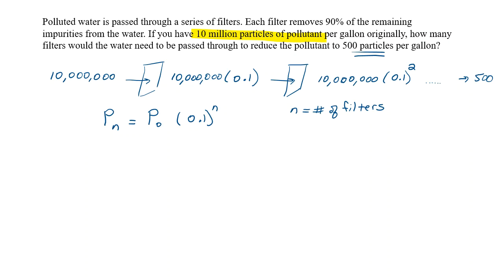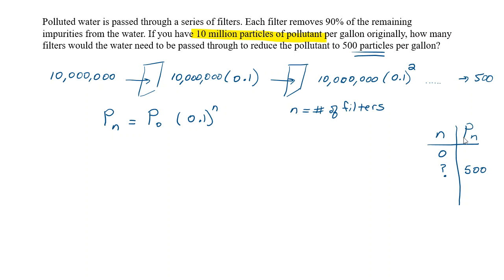Now, sometimes when we have a number like 10 million, we change it to 10 and say that the output is going to be in millions. So do I want this P sub n to be in millions? Well, we're trying to figure out the number of filters required to get this down to 500.